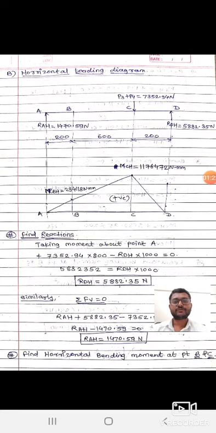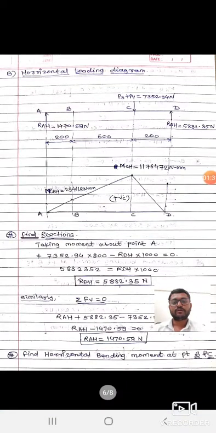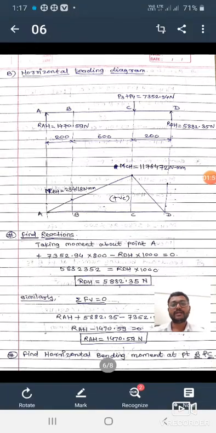How to find reactions, students? Here we have to take moments about point A, which means we have to consider the right side forces of point A. The right side force is P3 plus P4, equal to 7352.94 Newton, into the perpendicular distance between points C and A, which is 800.